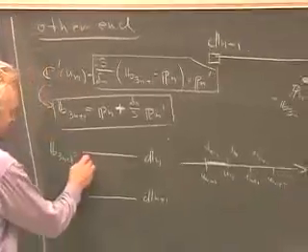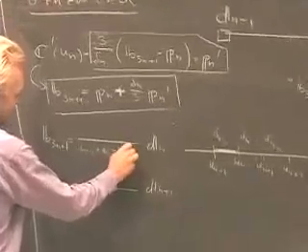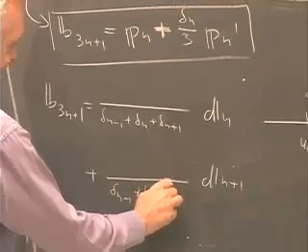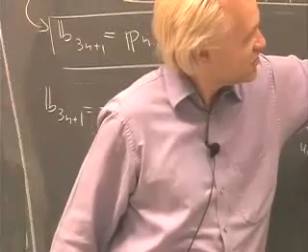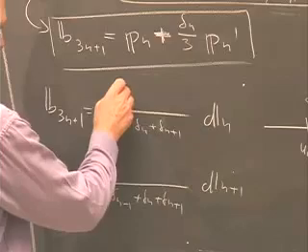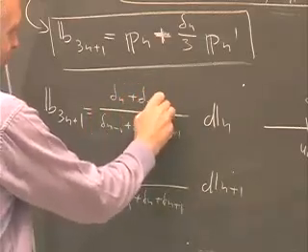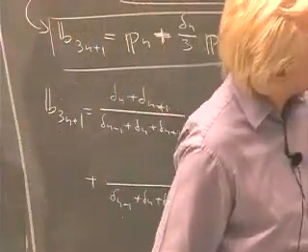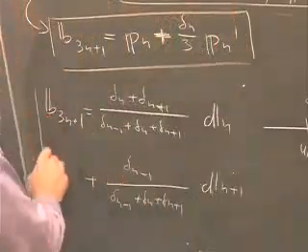So that is delta n minus 1 plus delta n plus delta n plus 1. Same here, delta n minus 1 plus delta n plus delta n plus 1. And then we are talking this point, that point must be multiplied by that length, which is delta n plus delta n plus 1, means that dn plus 1 is to be multiplied by that length, delta n minus 1. Delta n minus 1.